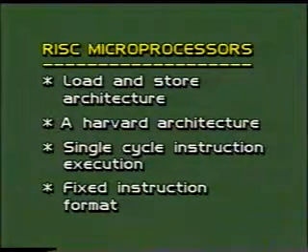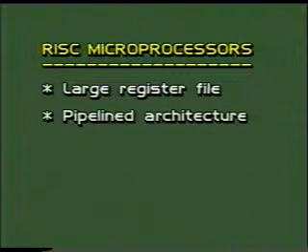Single cycle execution of most of the instructions. A fixed instruction format, a large register file, pipelined operation in fetch and execution operations, operating at 200 MHz, providing throughput up to 400 MIPS.